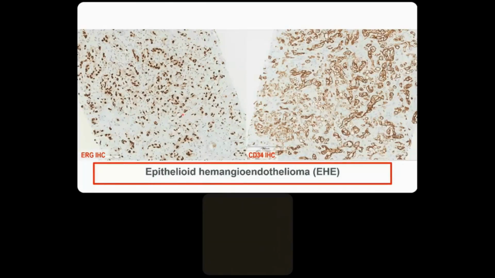So additional ancillary stains show that the tumor stained positive for vascular markers, ERG and CD34 by immunohistochemistry, and further testing by next generation sequencing confirms a WWTR1-CAMTA1 gene fusion, which confirms the diagnosis of epithelioid hemangioendothelioma.